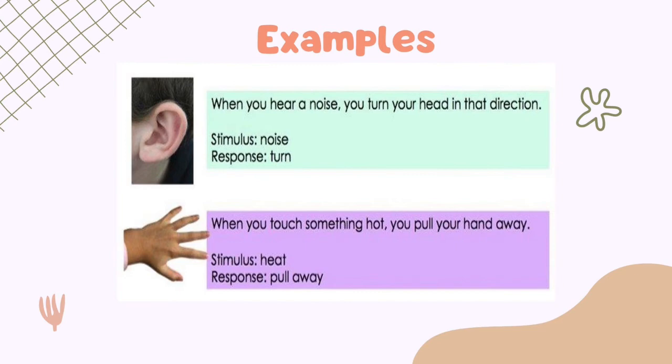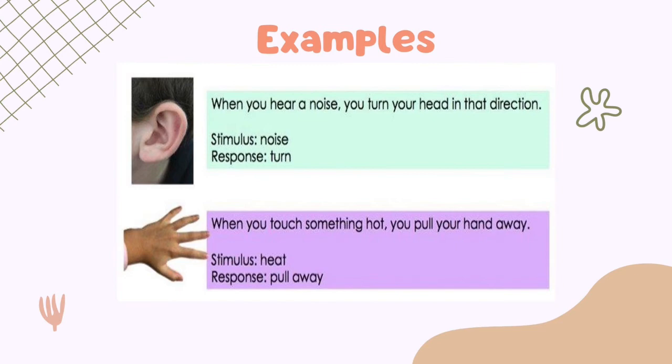Just like in example number one, the stimulus is transmitted to your ear, and in response you turn your head in that direction. In the second example, the part reacting to the stimulus is your hand, and by that response, you pull away your hand.